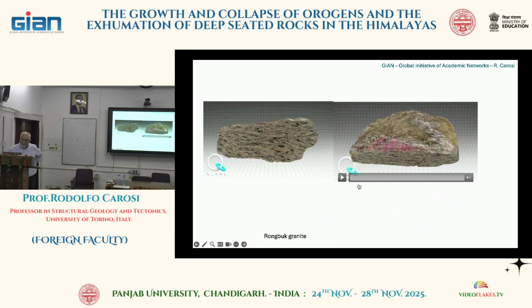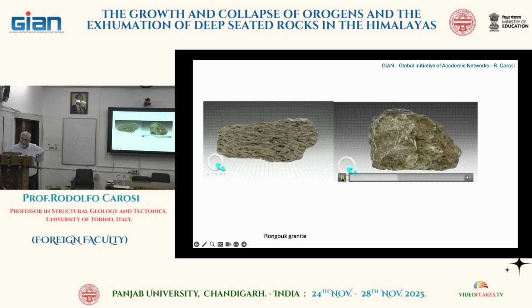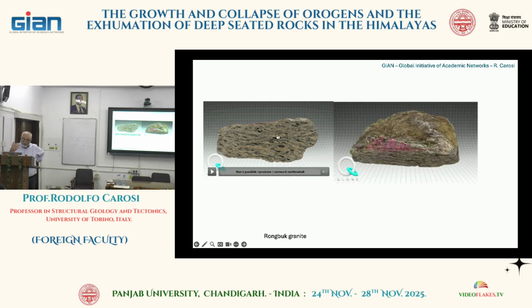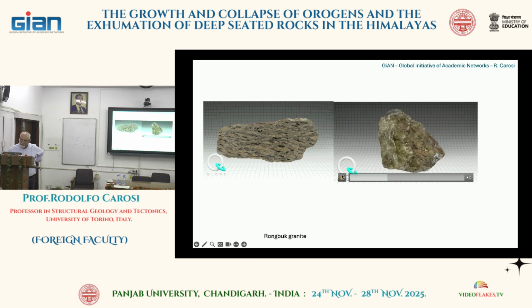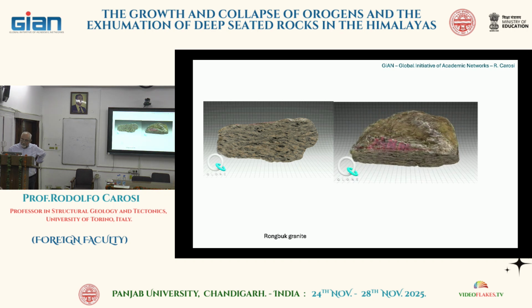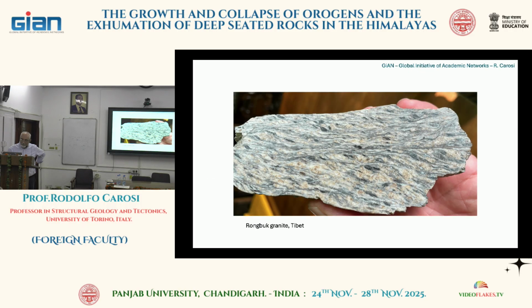Okay, this is a sample taken just from the outcrop. You can see in the cut beautiful mica fish, C plane, S plane like this, C prime, and this is just a LiDAR scan of the sample.